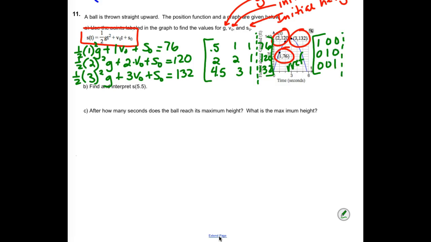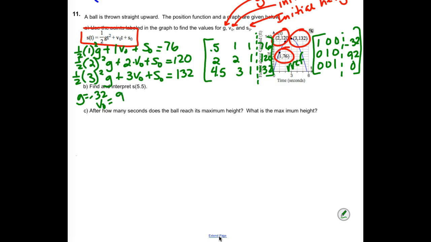All right, first number was -32, 92, and 0. All right, so what does the top row tell me? That G is -32, okay? V sub 0 is what? 92.